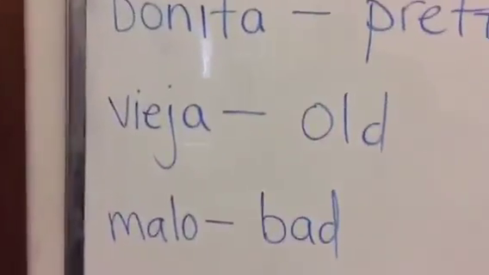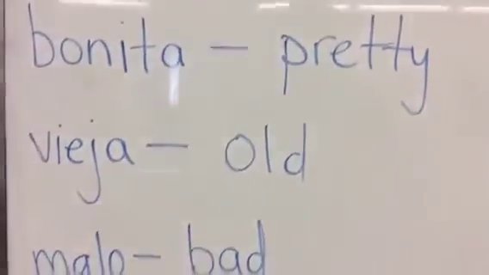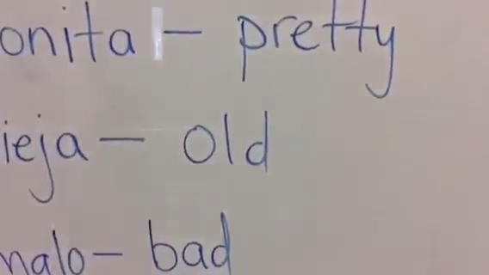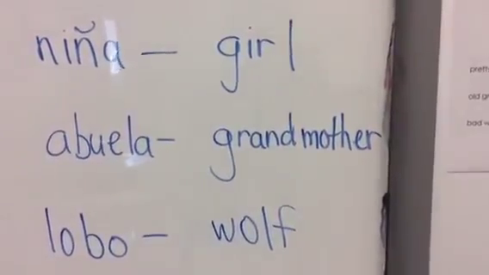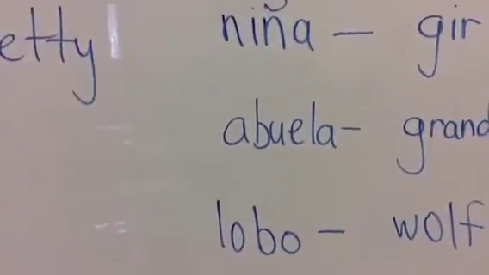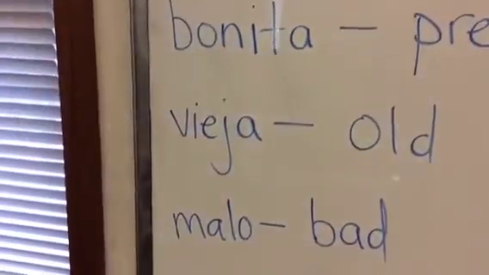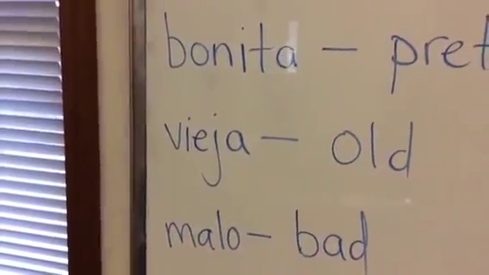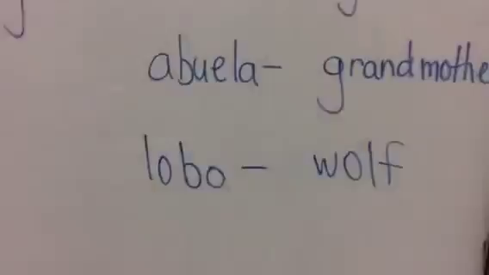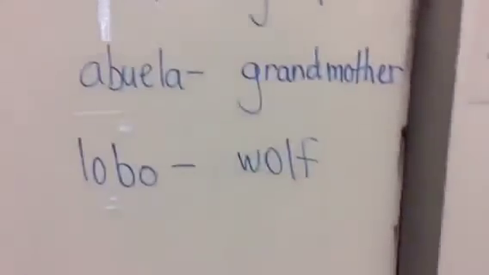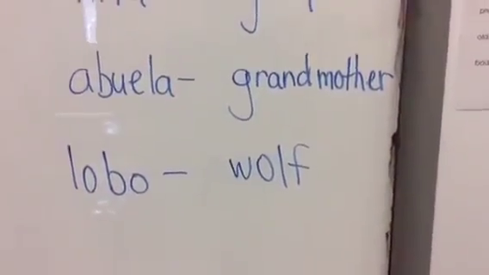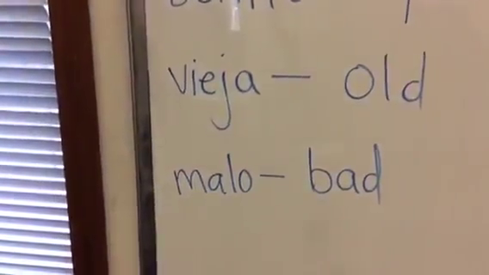Okay, and the same would be true for the other words. In English, we would say old grandmother, but in Spanish, it would be abuela vieja. Okay, and then in English, we would have bad wolf. In Spanish, it would be lobo malo.